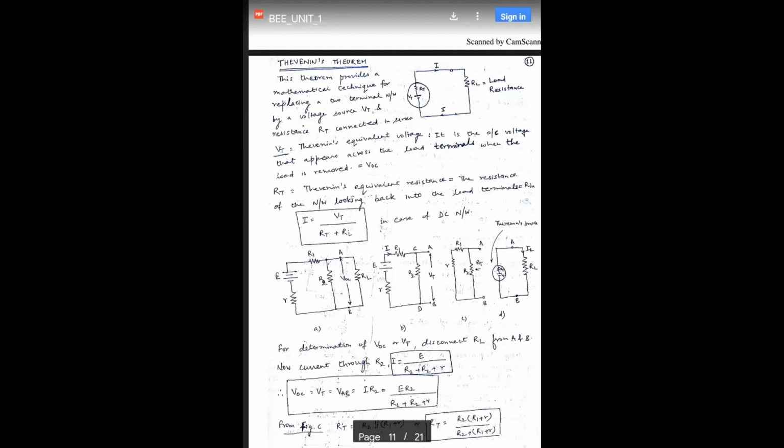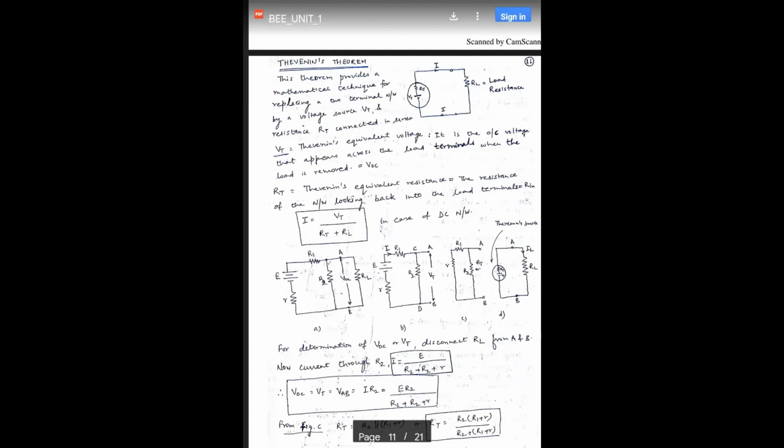In the Thevenin theorem, we reduce the existing network into a simple circuit in which Ohm's law is applicable.